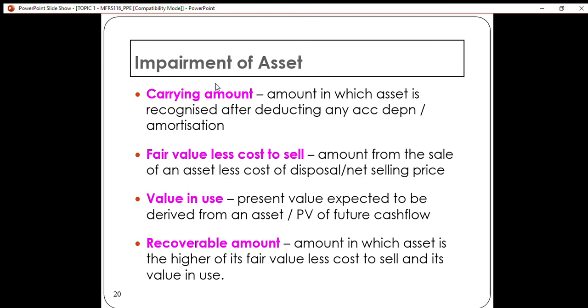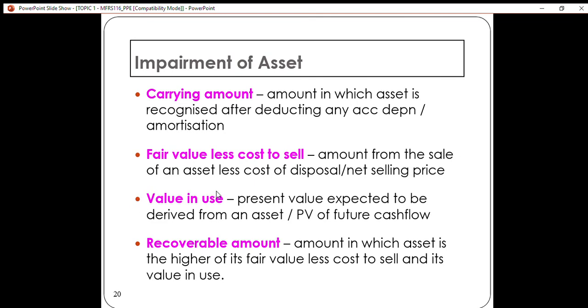This is about the definitions of terms used in the impairment of asset. First, the carrying amount refers to the amount at which an asset is recognized after deducting any accumulated depreciation or amortization. Fair value less cost to sell refers to the amount from the sale of an asset less cost of disposal, or net selling price.